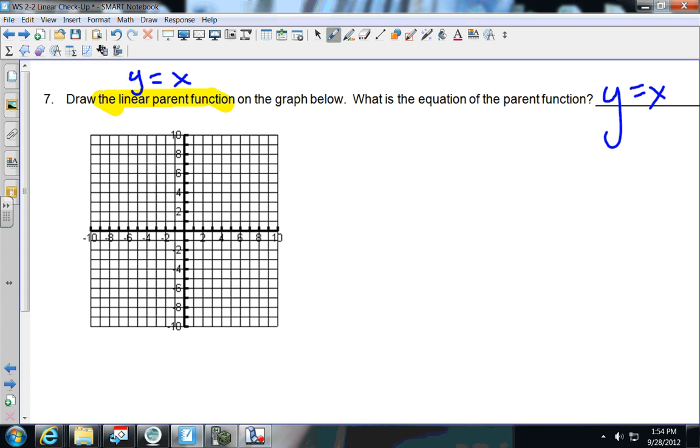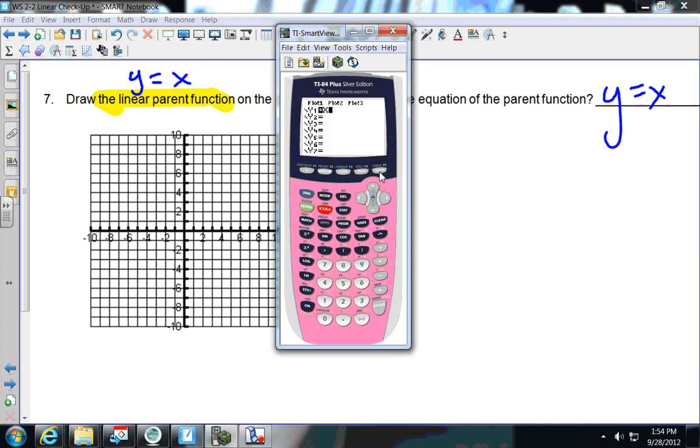If you want to see what it looks like, let's go in the calculator and put in y equals x and press graph. Okay. It goes through 0, 0.